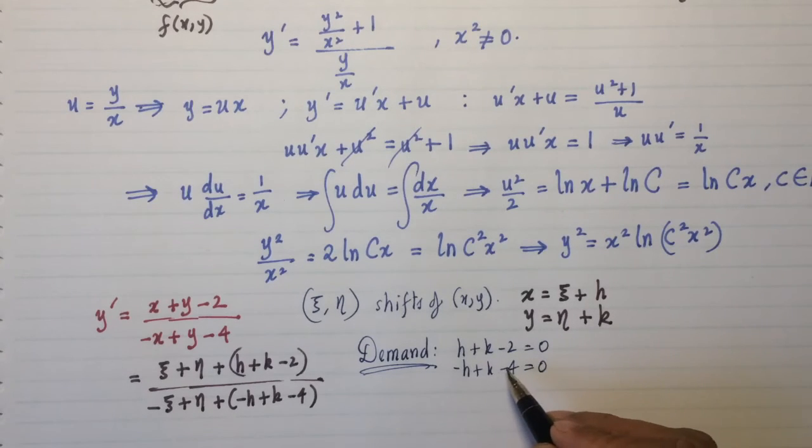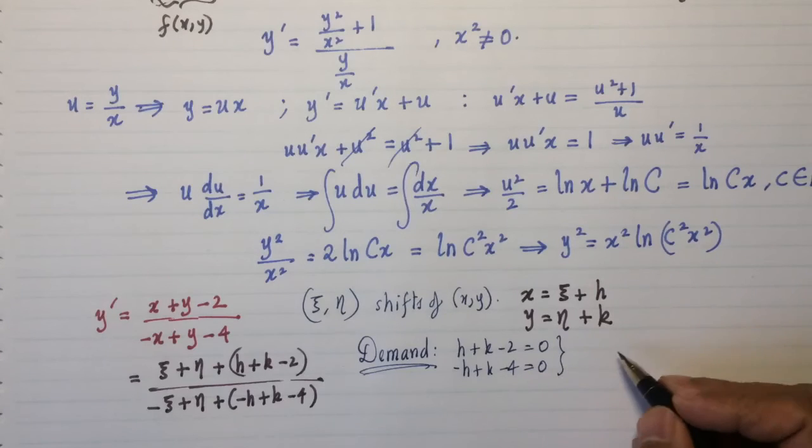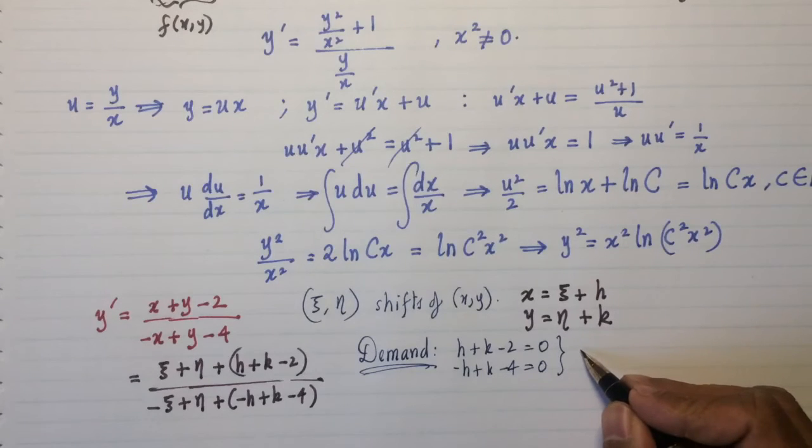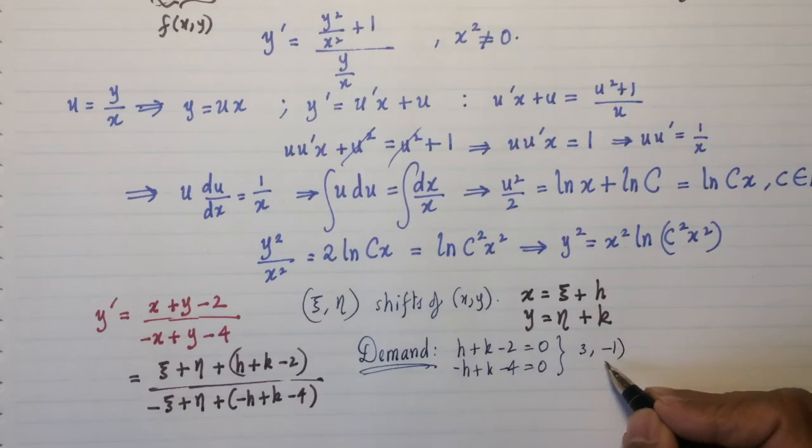If all is well with the world, these are two straight lines in the hk plane, and they will have a unique point of intersection. You can actually find the point of intersection either by inspection or just by staring at this long enough. It's 3 and minus 1.